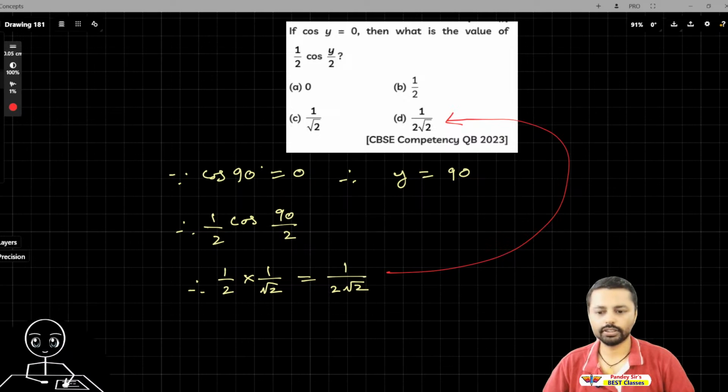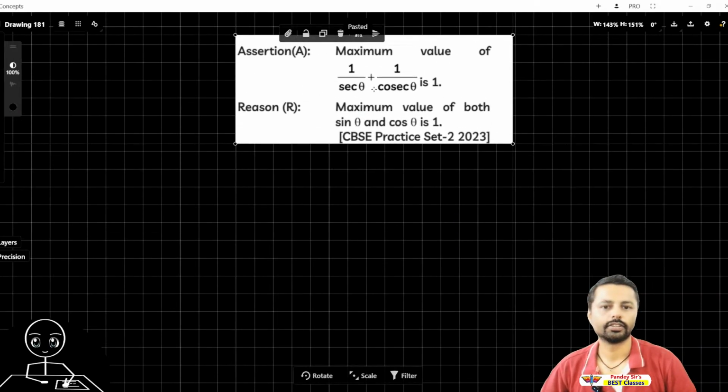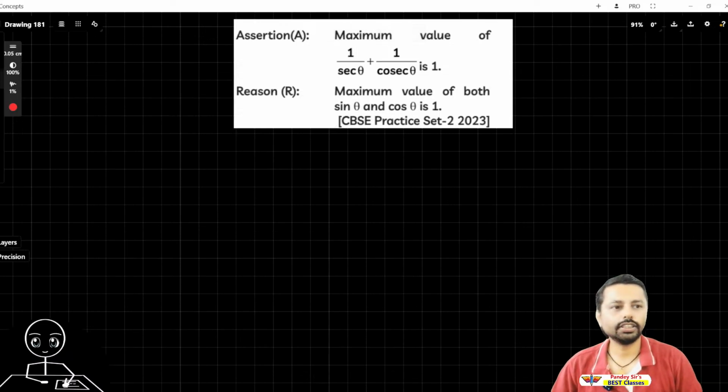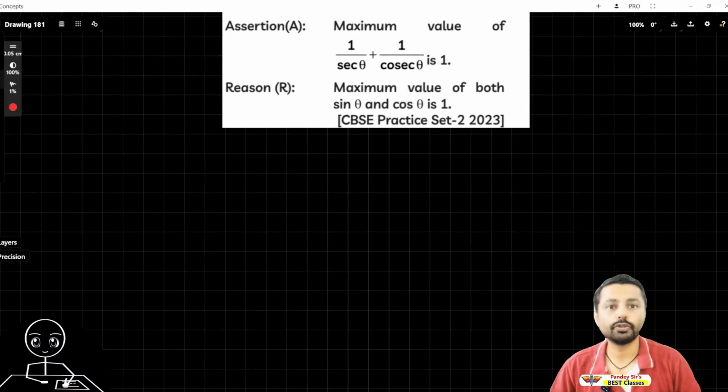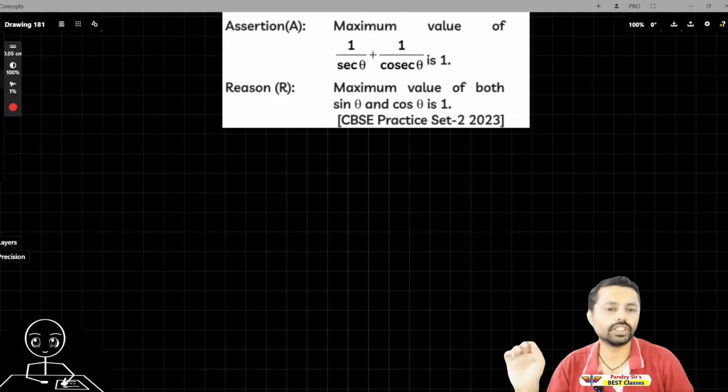In 2023, this question came in a practice set. This one. Okay. Now, assertion is true or false? What about reason? Try this and tell me if you have to do it in your exam, how you would do it.